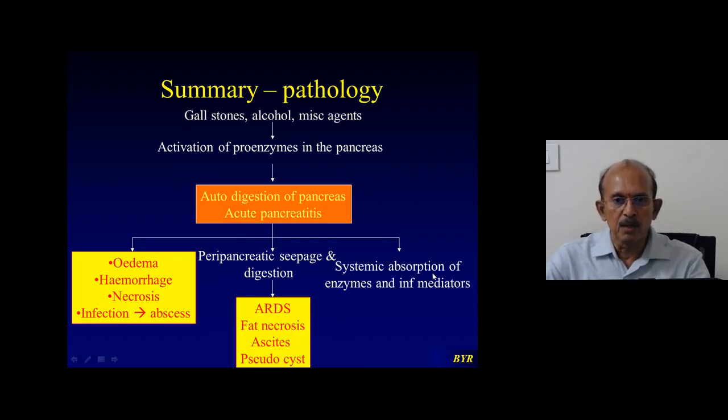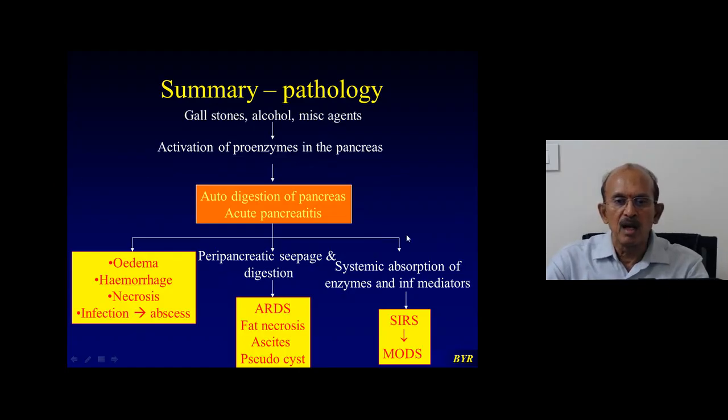There is systemic absorption of enzymes and inflammatory mediators. This leads to systemic inflammatory response syndrome, leading to MODS. So ultimately, these 3 things happen: inflammatory changes in the pancreas, peripancreatic digestion, systemic absorption of enzymes. So these 3 are responsible for all the events that you see in acute pancreatitis.